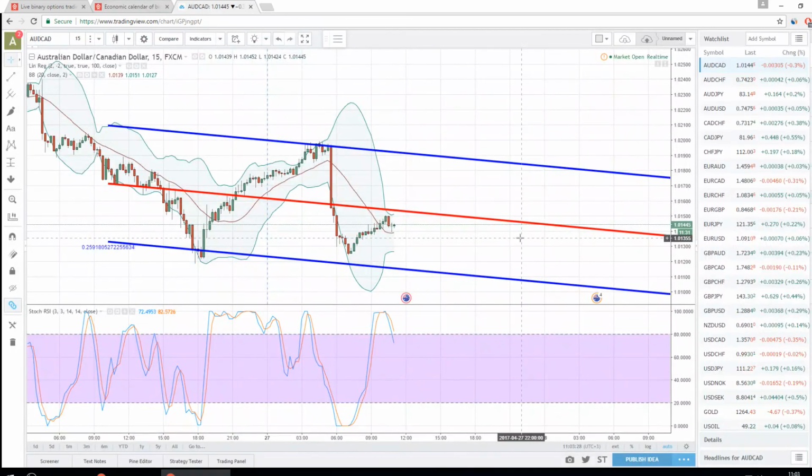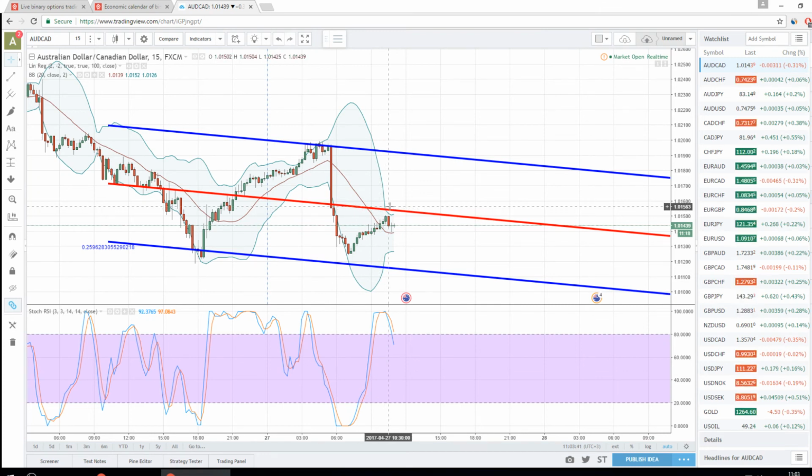And as I promised the previous time, I will trade today on the bigger time frame. I will open several trades on the 60 seconds, 2 minutes, 5 minutes, and 15 minutes.